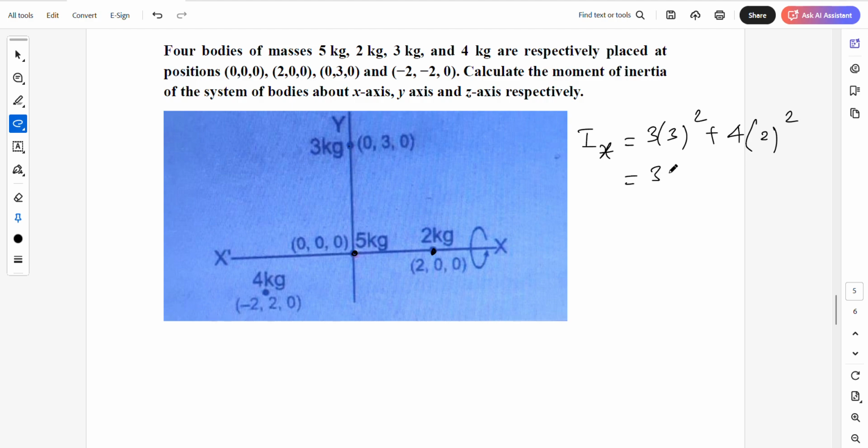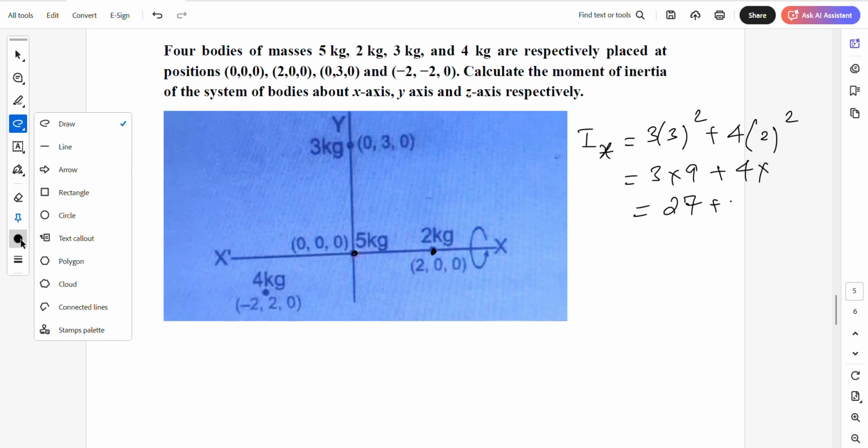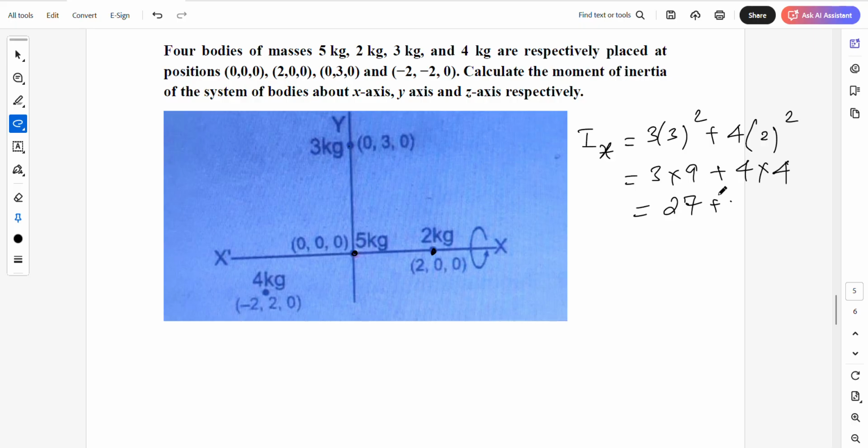Hope you understood. 3 into 9 plus 4 into 4. So 3 9s are 27, plus 4 into 4, be careful while multiplying. 27 plus 16 is how much? 43.